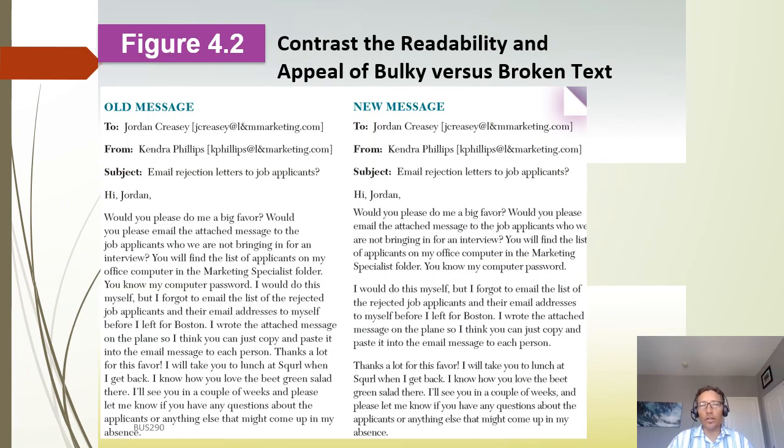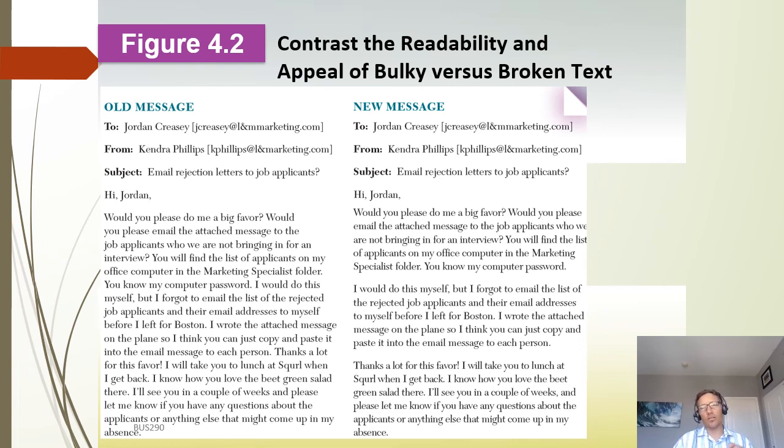Take a moment and look at these two examples. On the left is a memo, and you can see that there's a request here, and the information is all in one big single paragraphed chunk. And compare that to the message on the right where it's broken into three paragraphs.